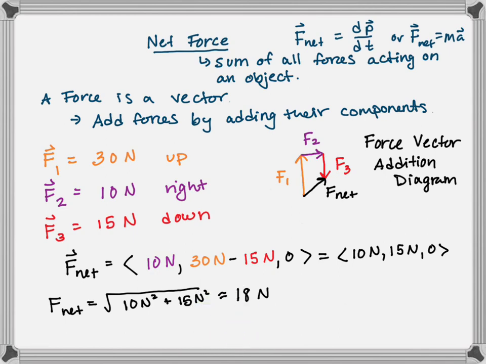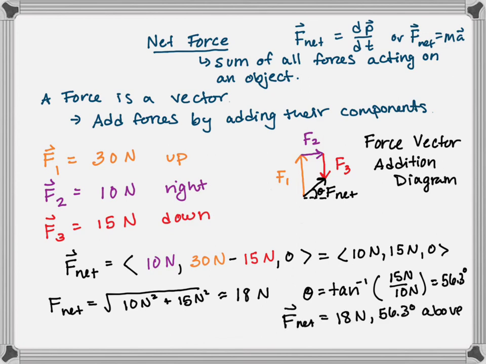So it's approximately 18 newtons is the net force. And then we want to figure out what this angle is here of the net force. To do that, I'm going to use the inverse tangent of the y component over the x component. And that gets me about 56.3 degrees. So the net force here, we could say, is 18 newtons, 56.3 degrees above the right horizontal.